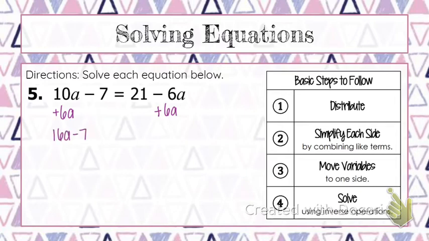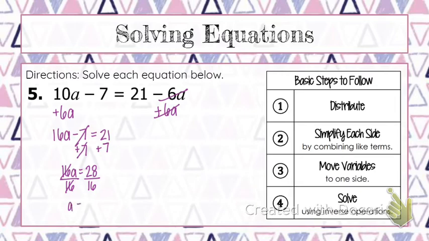16a minus 7 equals 21 because negative 6a plus 6a is 0. Then we're going to add 7 to both sides. Those will go away. 16a equals 28. And then we'll divide both sides by 16. 16 divided by 16 is just 1, so that would be like 1a.